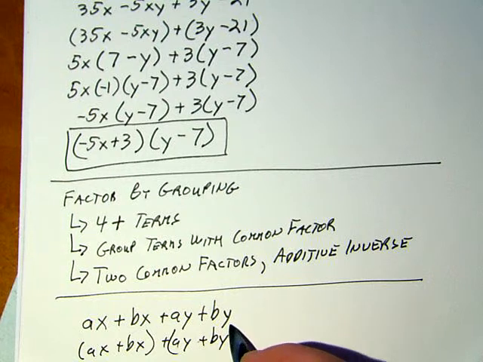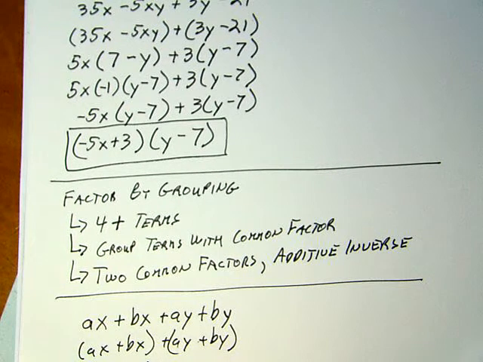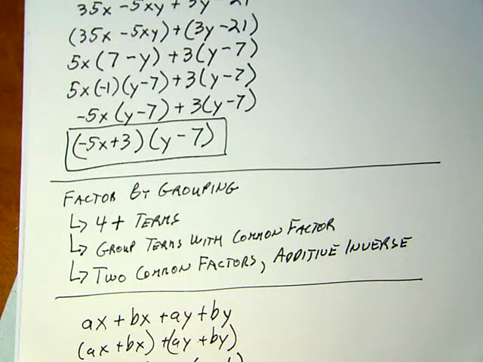And then I can pull out the factor, x out of this group, a plus b, y out of this group, a plus b. And now once I have the common factors, I can combine the beginning and the end, a plus b, and there is, in letter form, what we're talking about, factor by grouping.